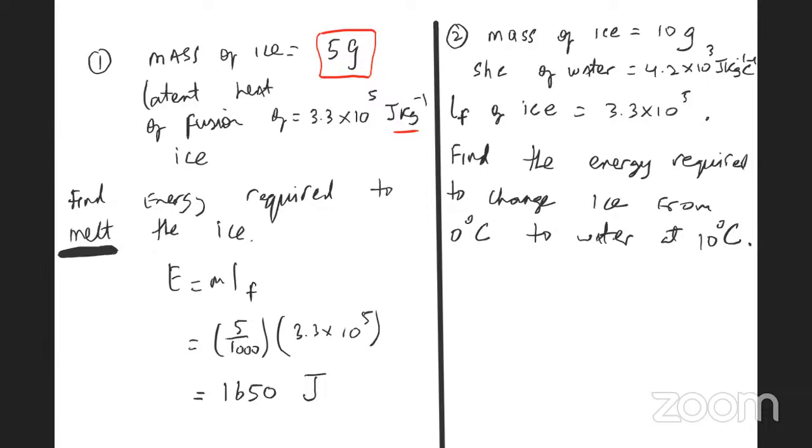So the mass of ice is 10 grams. I gave you the specific heat capacity of water, 4.2 by 10 to the 3. And I also gave you the latent heat of fusion of ice. I didn't write the unit, sorry about that. I would like the energy required to change ice from 0 degrees to water at 10 degrees.